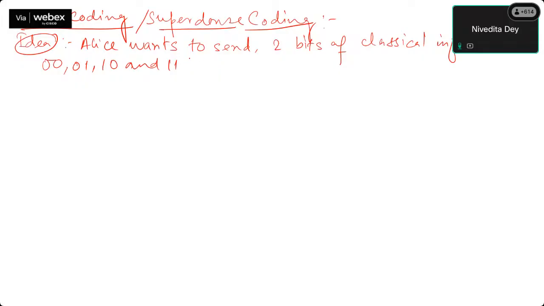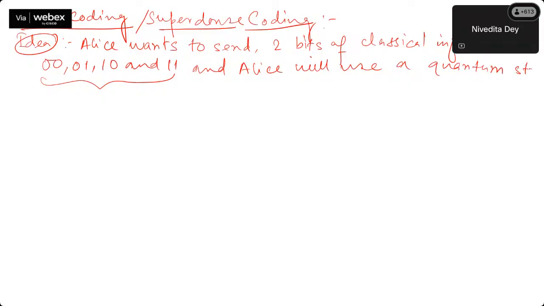In order to send this, Alice will use a quantum state to send this classical information.